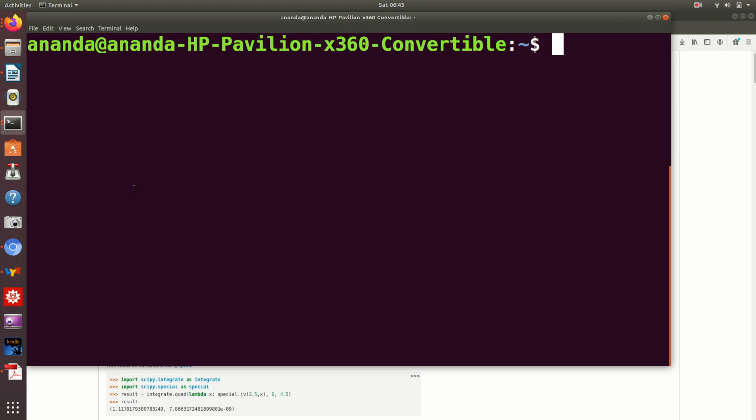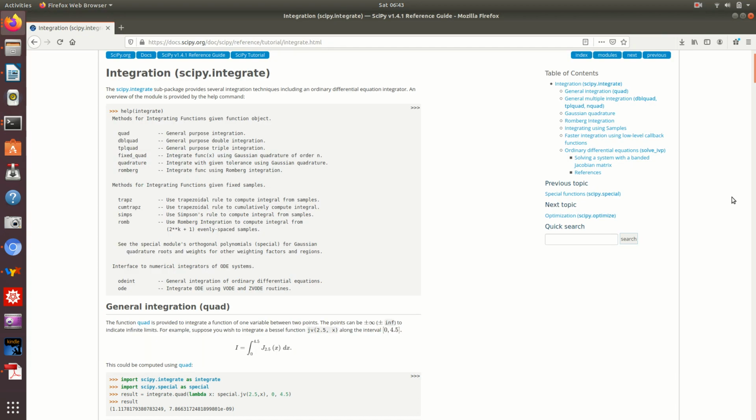There are many submodules in SciPy, but the one which we are going to talk about, and one which is really perhaps the most important, is the SciPy.integrate submodule. And here I have for you a view of the documentation which is available on the standard SciPy.org page, and which tells you roughly what this integrate submodule of SciPy gives you.